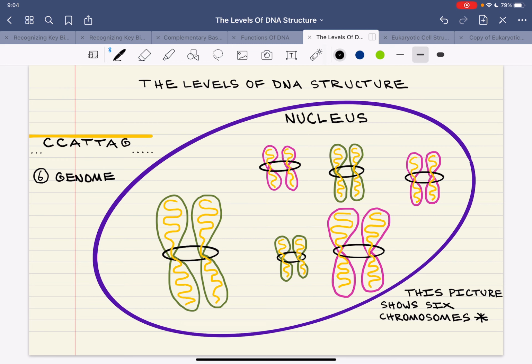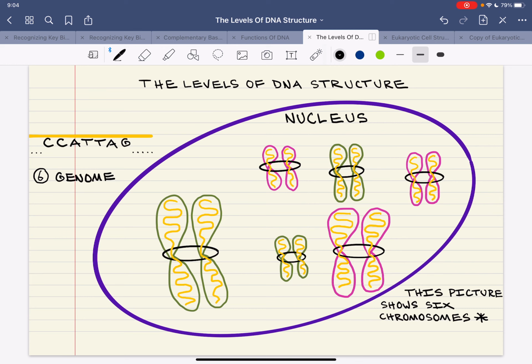So if we're talking humans, that means all of the nucleotides across all 46 of your chromosomes. As a human, that's a lot of information. How much? Well, 6 billion nucleotides. So 6 billion A, G, C's, and T's. We all have that. That's our genome.